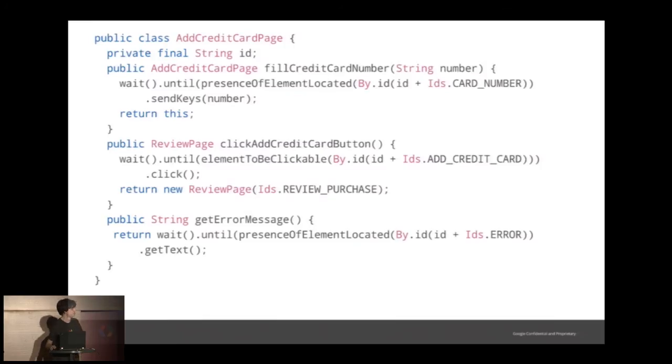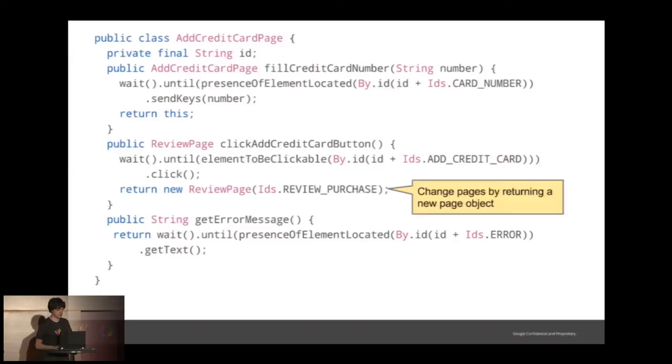So what does a page object actually look like? Here's a basic implementation of the last page I saw with the add credit card form. And I have one of each type of method I talked about earlier here. And you can tell what type of method they are by looking at the return values. So in the very first method, I have one that allows the user to fill out the credit card field.